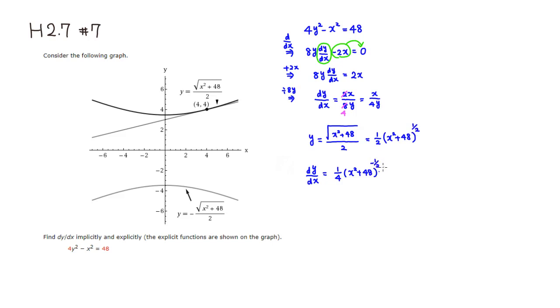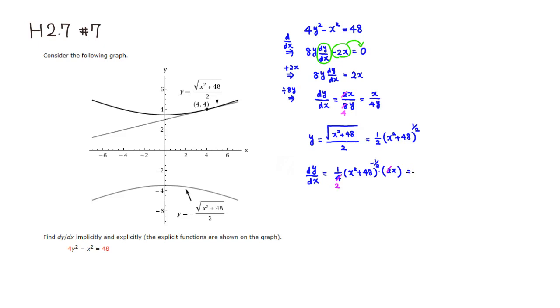Then we multiply by the derivative of the inside function, which is 2x. We can cancel the 2 on top with the 4 on the bottom, turning it into 2.